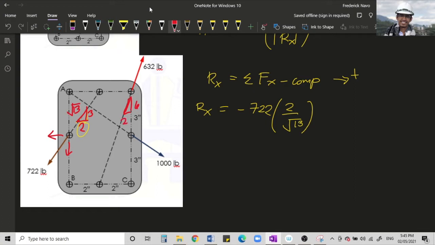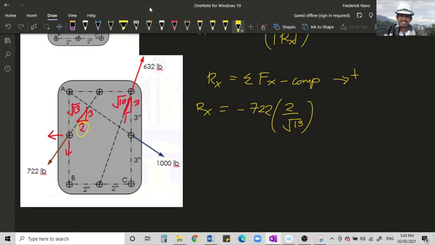So actually, pwede nating i-reduce ito. So 6 and 2, pwede silang i-reduce. Yung 2 will be 1 and 6 is 3. Tama? So yung slope natin dito is actually 3 and 1. So yung hypotenuse niya will be the square root of 10.